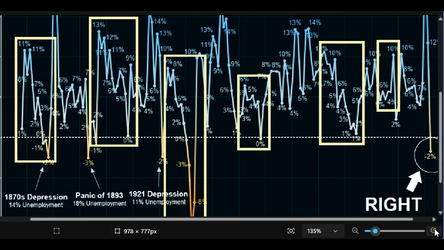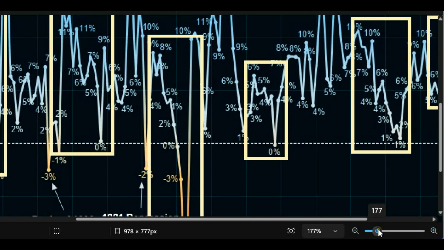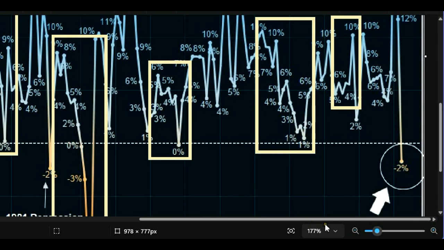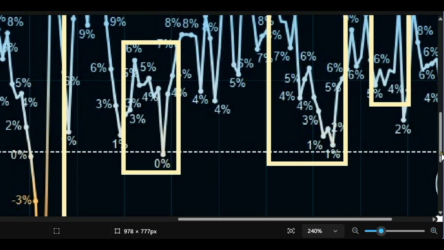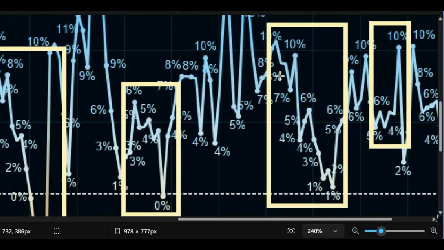Okay, so again, I'll point out more of this chart as we progress, but today I just want to give you an example of some growth fractals here.